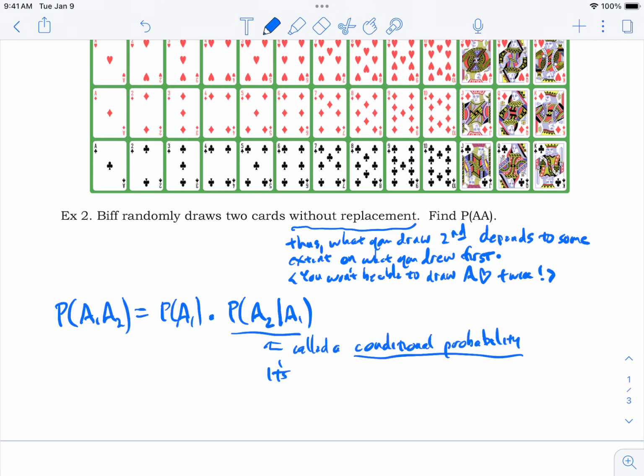It's the probability of drawing an ace second, given that, that's what this line represents, this vertical line, this pipe they call it, given that you drew an ace first.